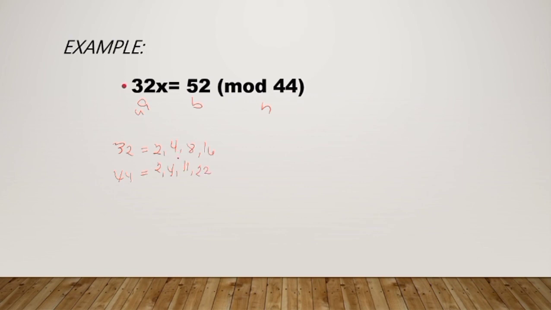So the GCD of 32 and 44 is 4. 52 divided by 4 is equal to 13. Therefore, this example has an integral solution.